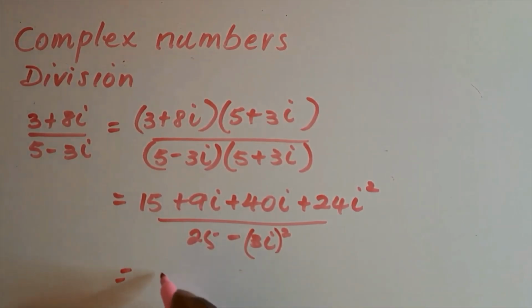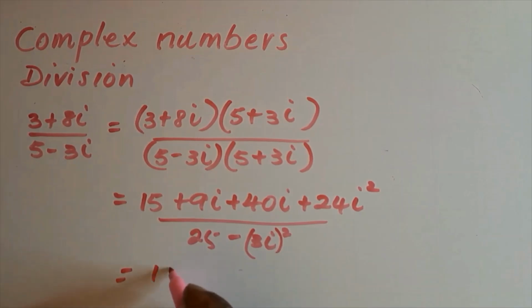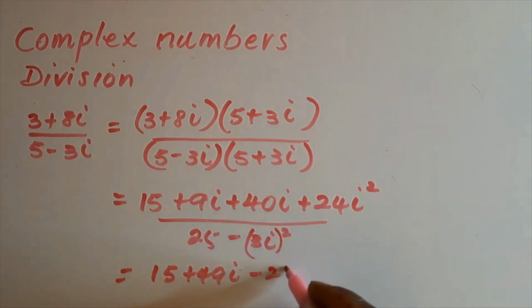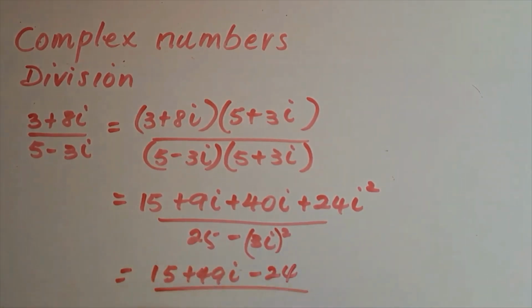So in the numerator we have 15 add 49i minus 24, and in the denominator we have 25 add 9.